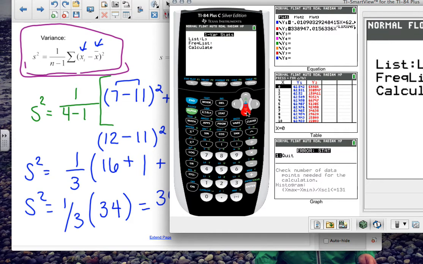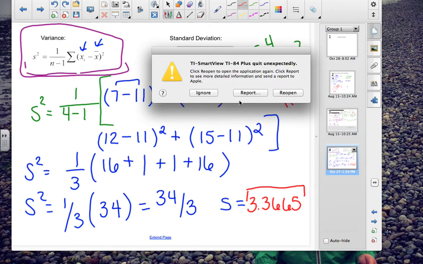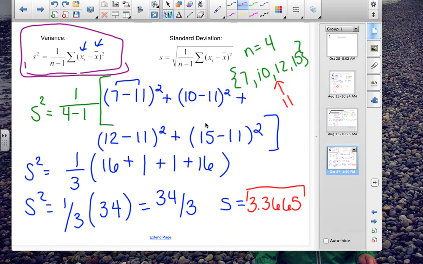This finds a lot of stuff for me. So one variable statistics of my data, I'm going to calculate, and what I can see here is I get the mean, it's 11. I can see the sum of all the x values. Well, you see it on your calculator.